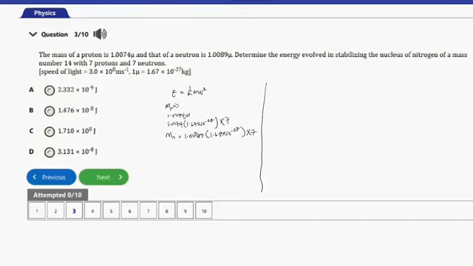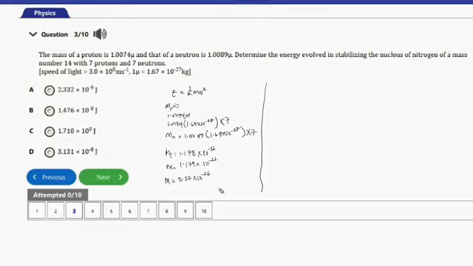So guys, with this, we will have the mass of the protons to be 1.178 times 10 to the power of negative 26, and that of the neutrons to be 1.179 times 10 to the power of negative 26. So guys, if we add these two numbers together, we're going to have the mass of this nitrogen, and adding this together we have about 2.37 times 10 to the power of negative 26.